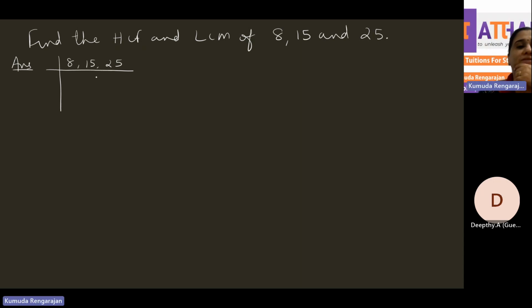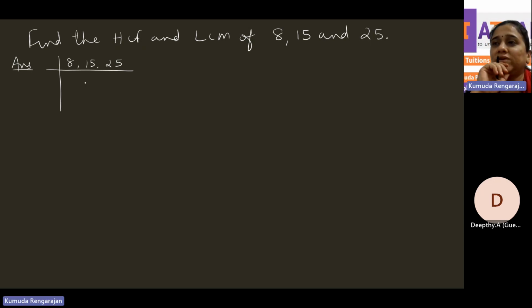Is there any number that divides all the 3 numbers? 5. You can use 5. But no, you should take only prime numbers. You must take a prime number that divides all the numbers.